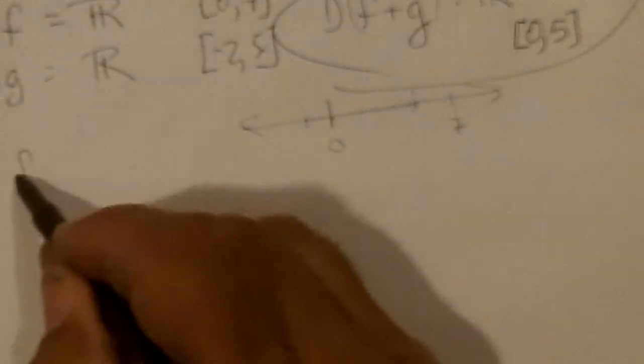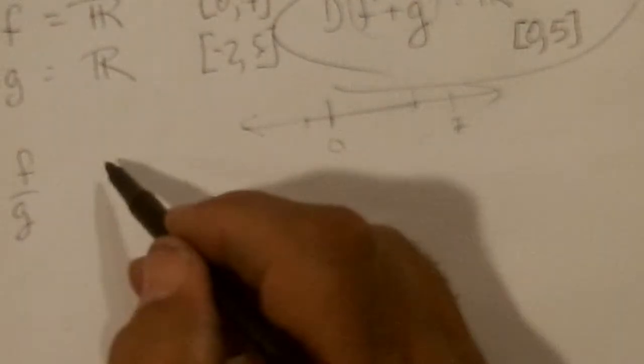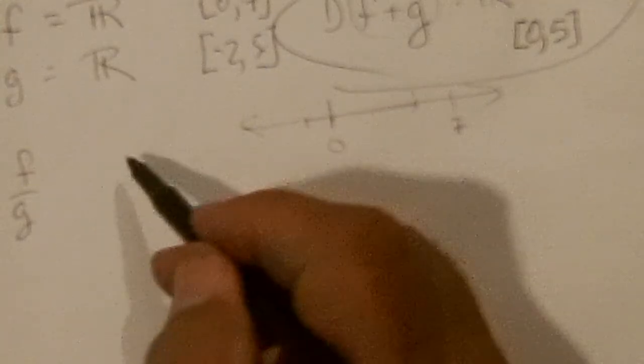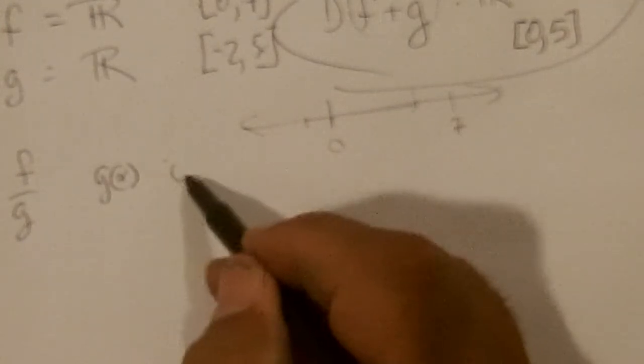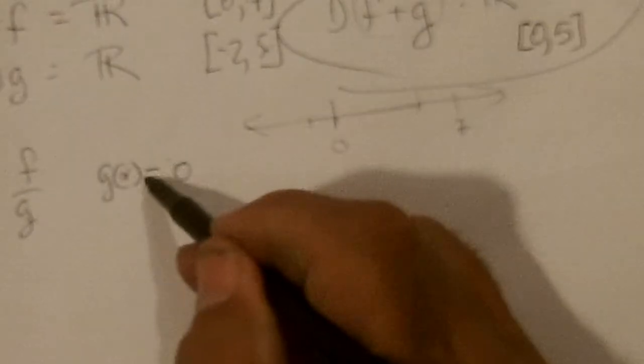Okay, next one was 9. The domain of f divided by g consists of the numbers for which g of x has a 0. The domain will be anything where g has a value except 0.